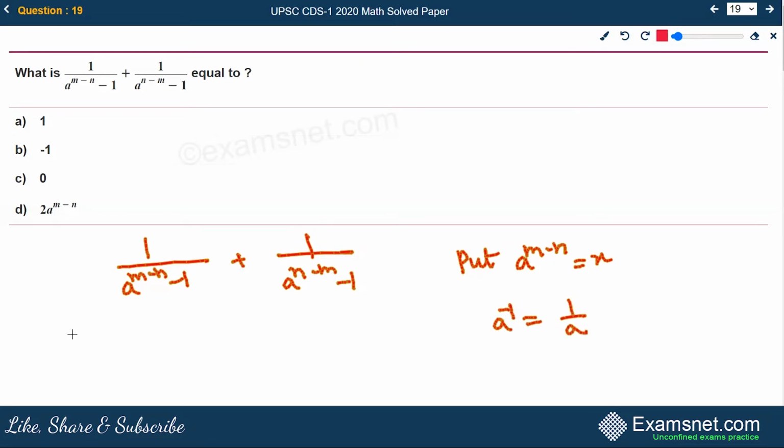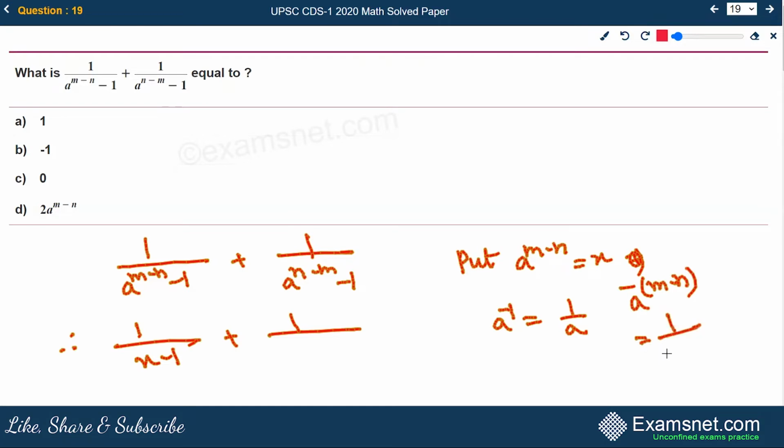So a to the power n minus m can be written as 1 by a to the power m minus n. From this law, a to the power minus x will be 1 by a to the power x. So that means 1 by x minus 1.